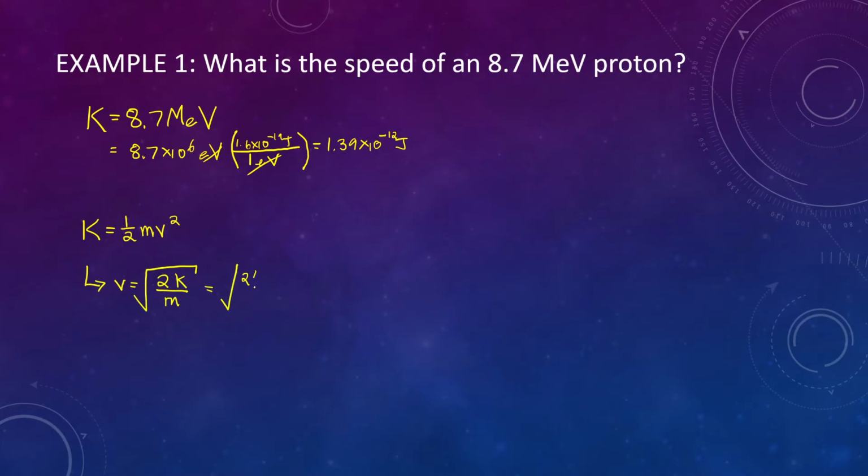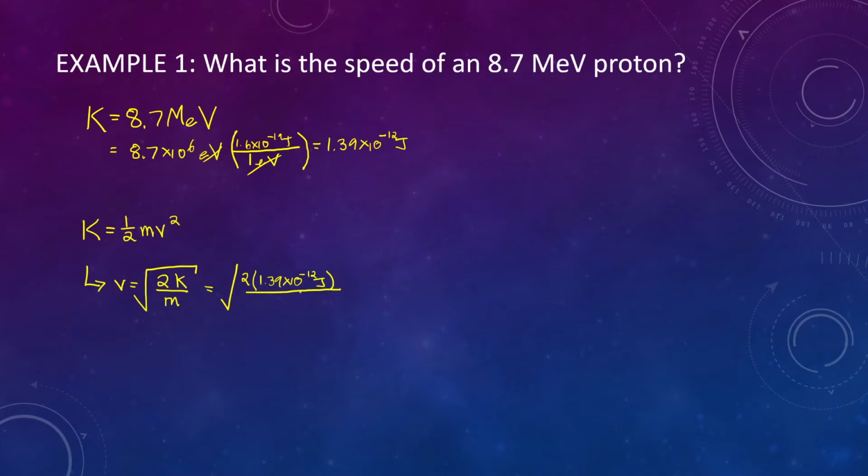We have 2 times the kinetic energy that we just found in joules, 1.39 times 10 to the minus 12. And we have the mass. Now note, the mass is not explicitly given to us, but we do know what the object is. It is a proton. Protons have a standard mass that we know, or if you don't have it memorized, it is on formula sheets that I give in my class.